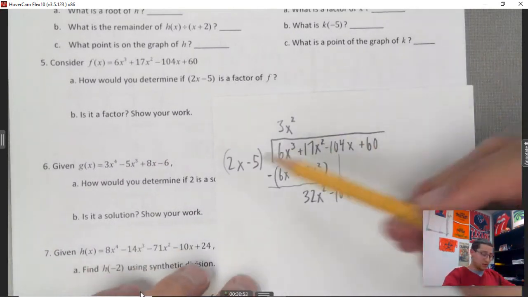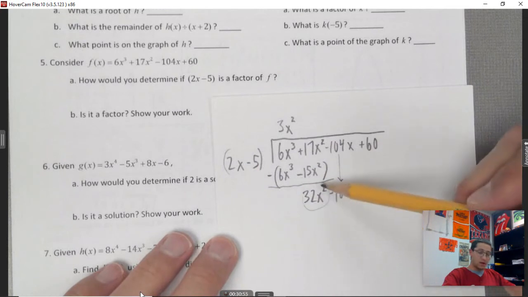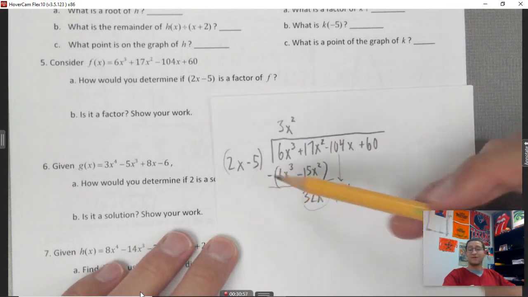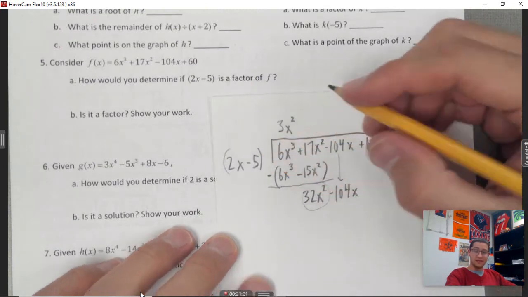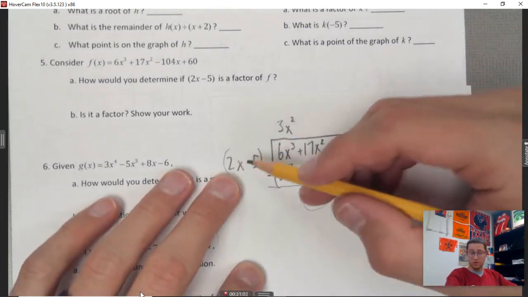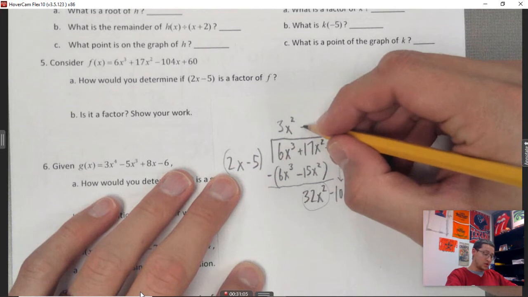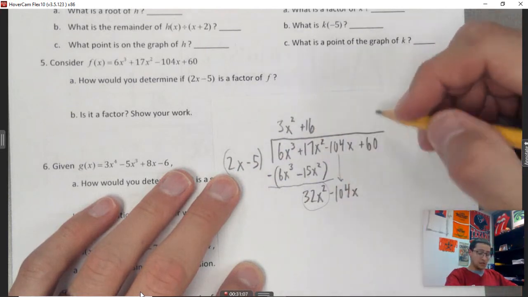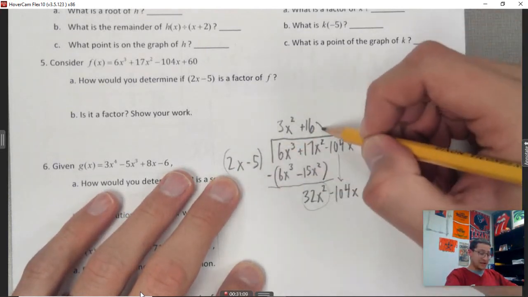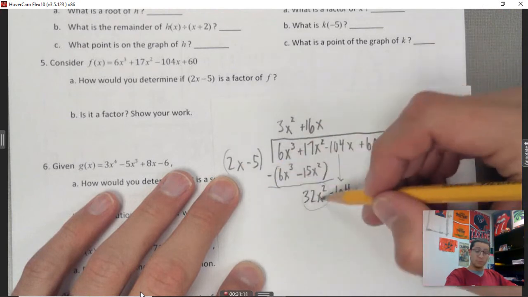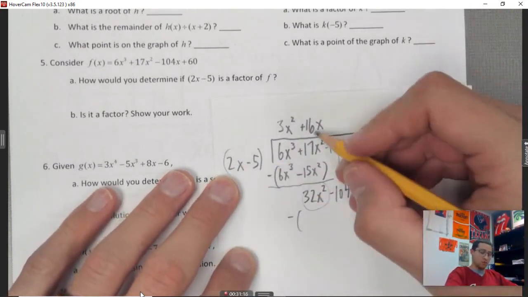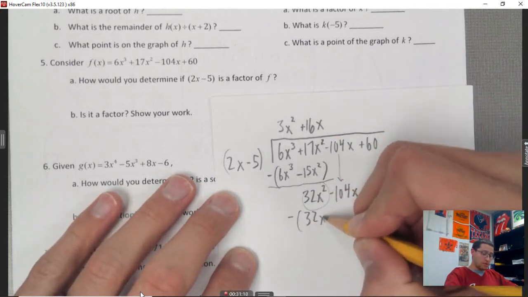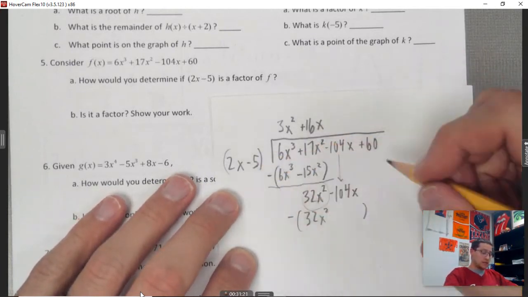I'm asking myself, 2x times what will give me this value? First of all, let's just do the coefficient. 2 times what will give me 32? That's 16. And then x times x will give me x squared.